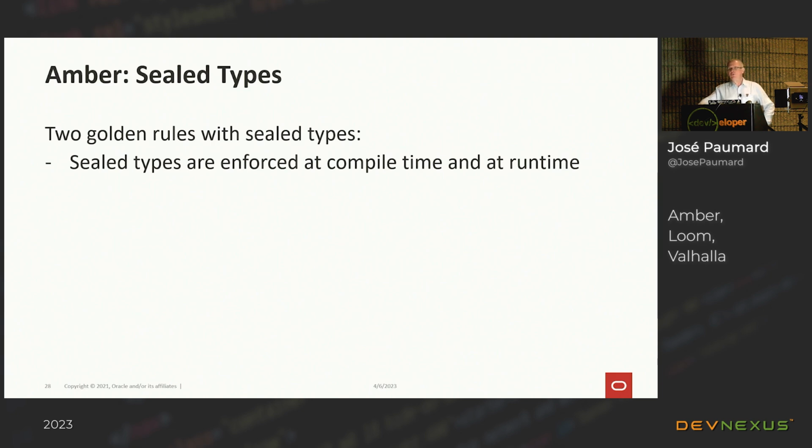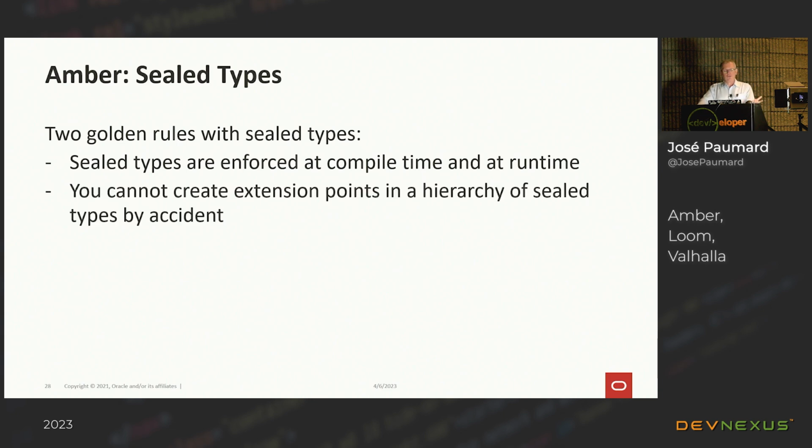an implementation of the Shape interface with some kind of agent or bytecode manipulation, ASM, or this kind of thing, actually the JVM will catch you. So you can try, it doesn't work. It will break your application. So that's very important, and we are going to see why in a minute. And the second point is that you cannot create an extension point by accident.